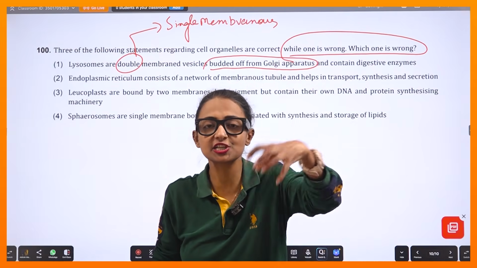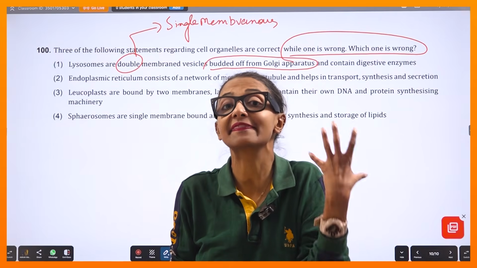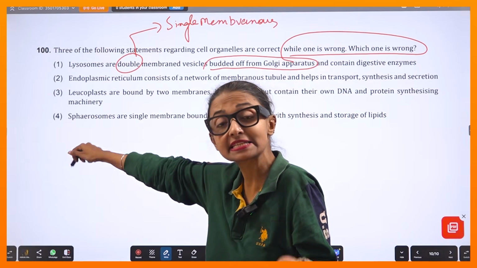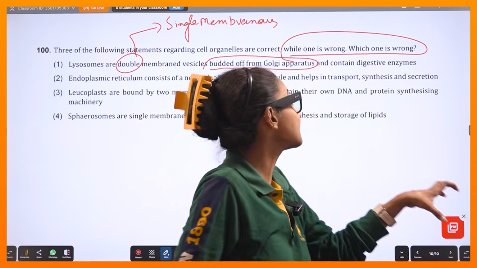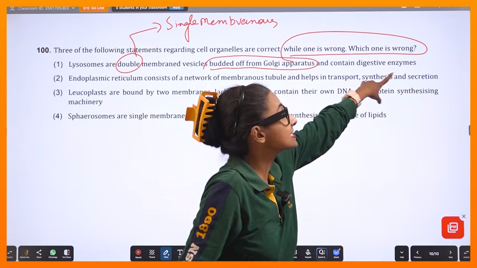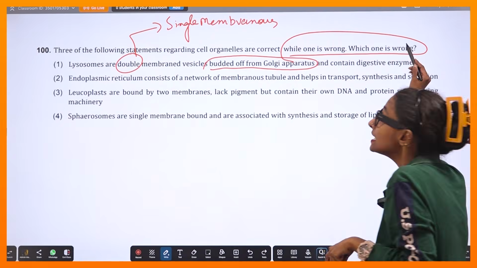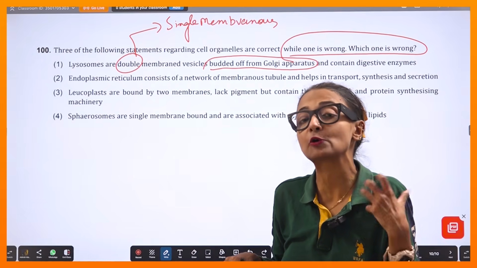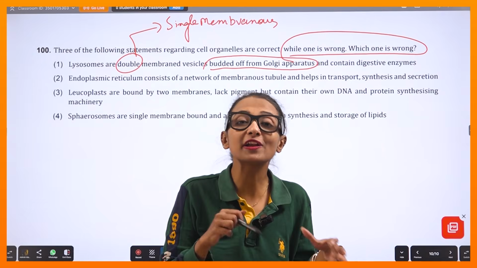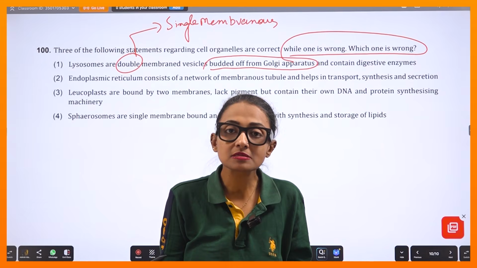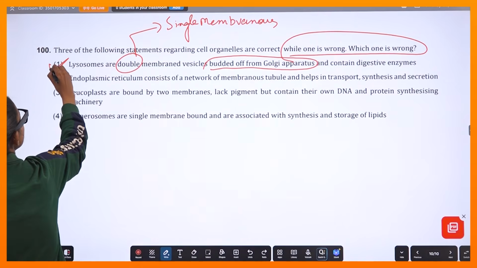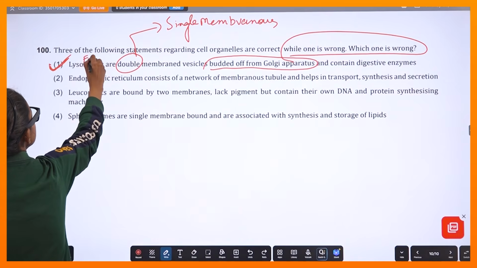They are also called suicidal bags because these hydrolytic enzymes are going to digest. See, it's written digestive enzymes or hydrolytic enzymes. They are going to break down complex material into smaller ones and also get rid of worn out parts, molecules inside the cell, right? So, this will be your answer because this is a false statement.